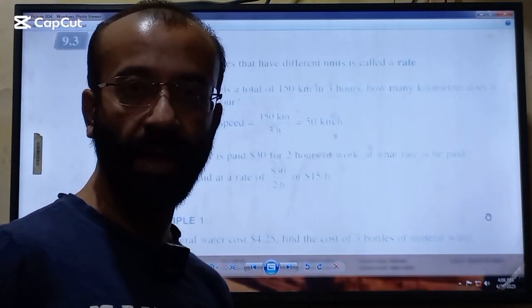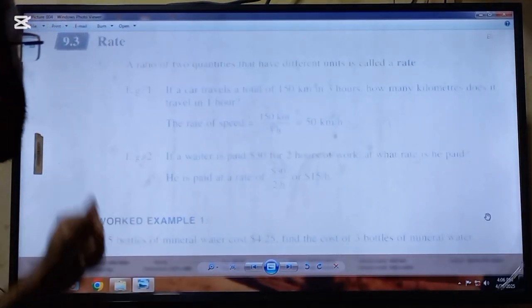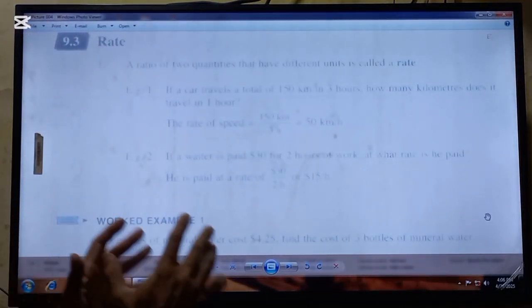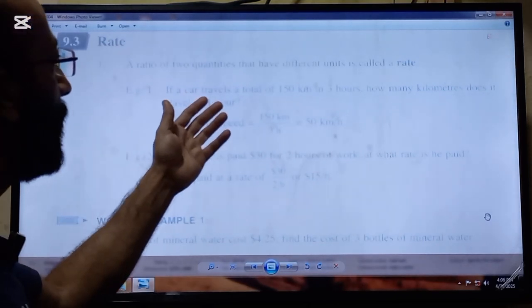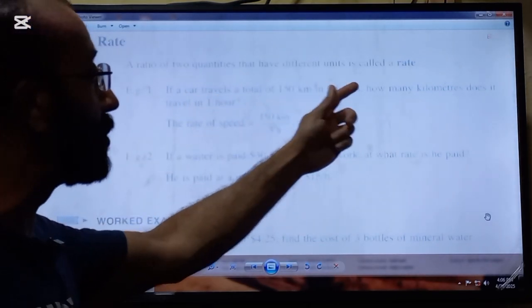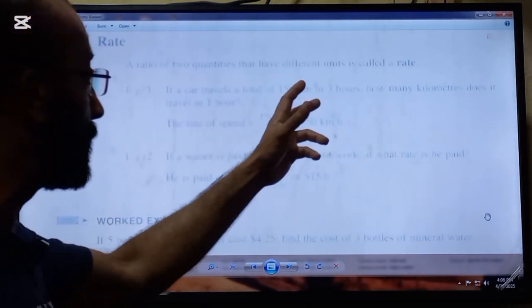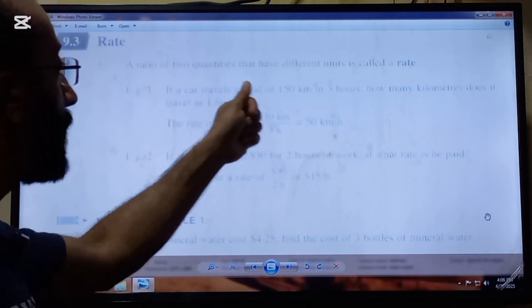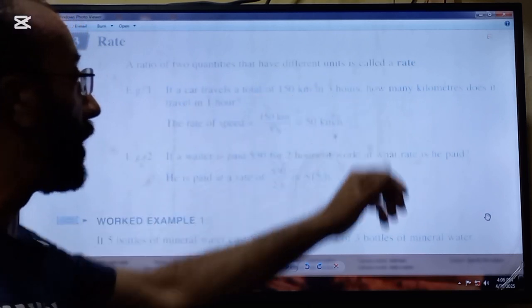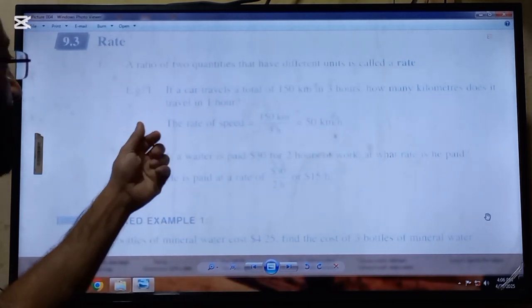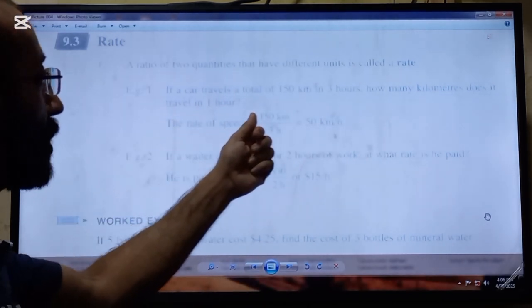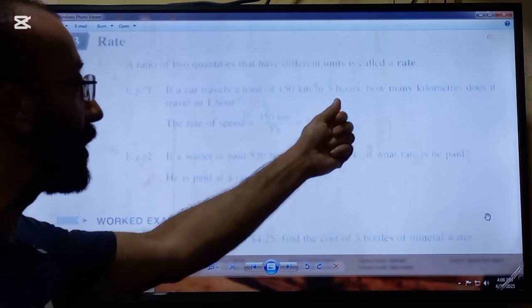The next topic in the lecture is rate. So the point to remember about this topic is a ratio of two quantities that have different units is called a rate. So concentrate, two quantities that have different units is called a rate. So here are some examples that will make your concepts more clear. Example number 1 is if a car travels a total of 150 kilometer in 3 hours.